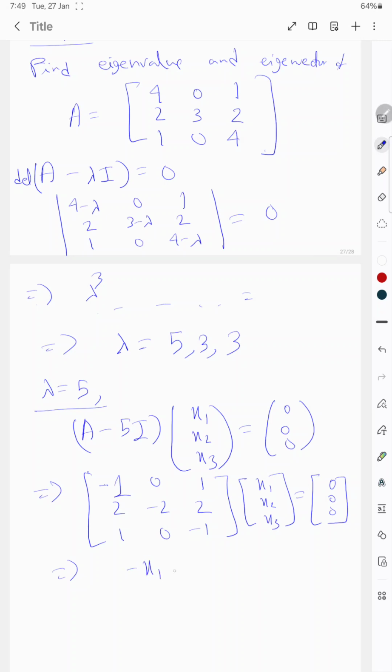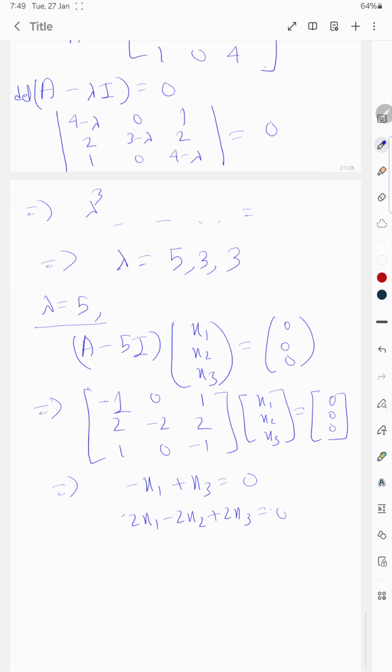So minus x1 plus x3 equal to 0, one of the equations, and next you have 2x1 minus 2x2 plus 2x3 equal to 0, right? These two things you are getting. So one of the relations is x1 equal to x3, and if you apply this here, from there you find the value of x2.